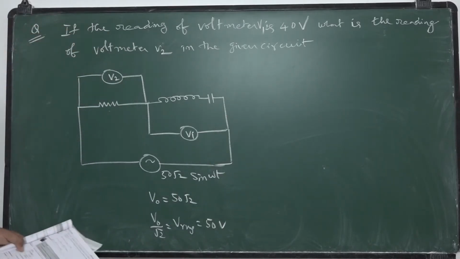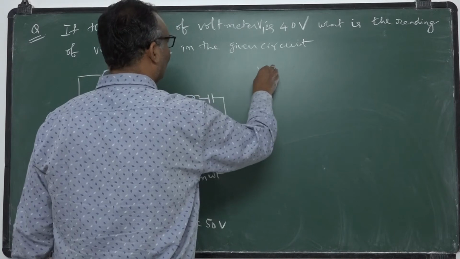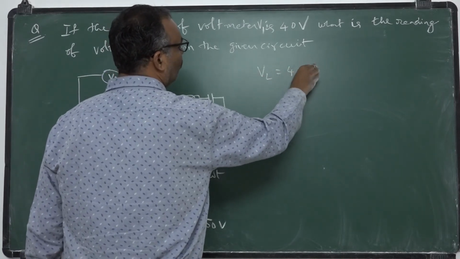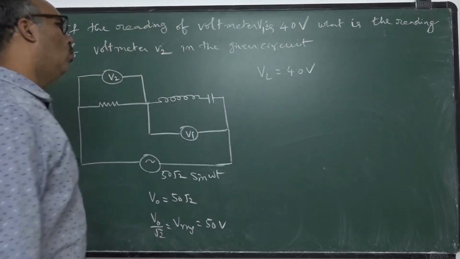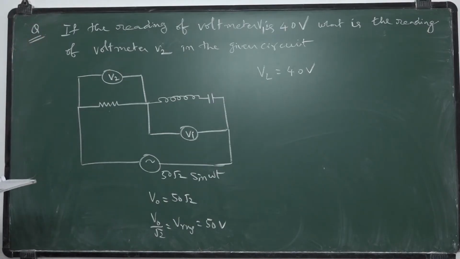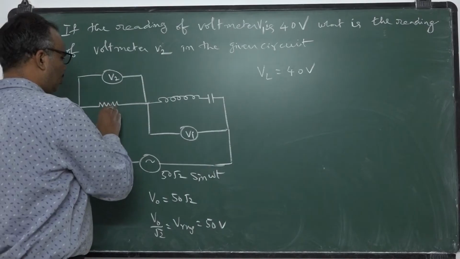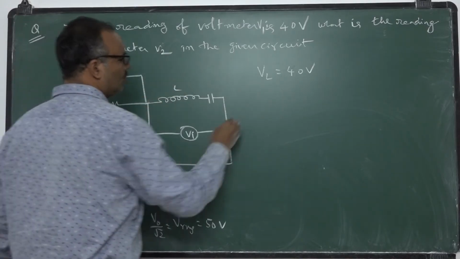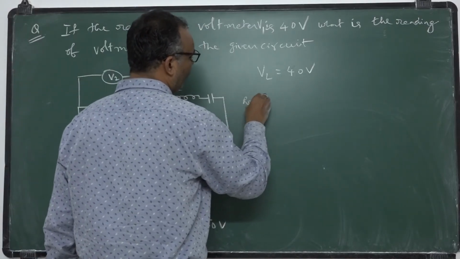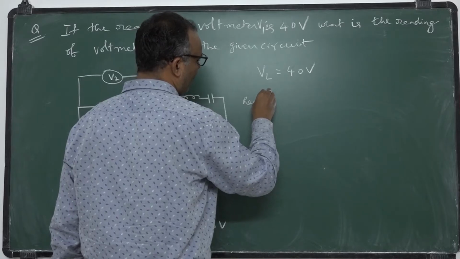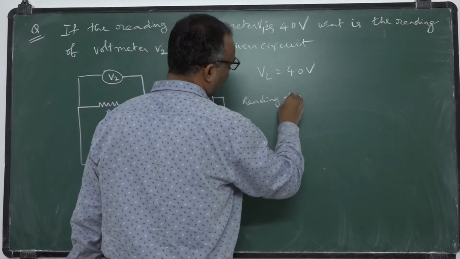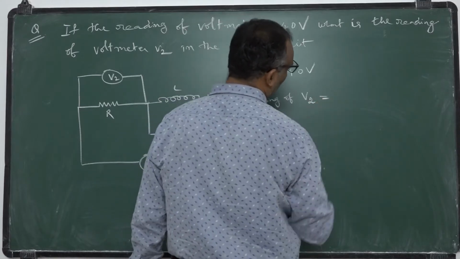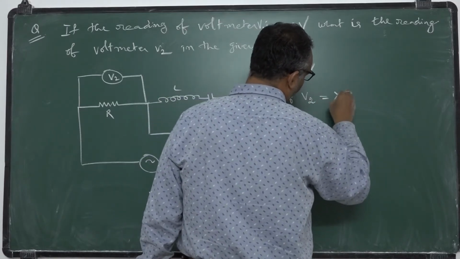As per the given question, voltage across the inductor is 40 volts. Therefore, the reading of V2 is equal to the voltage across the resistor.